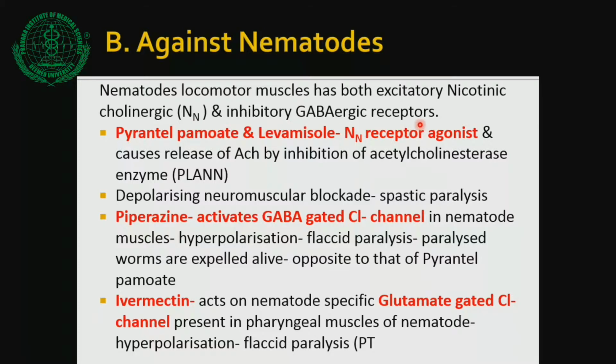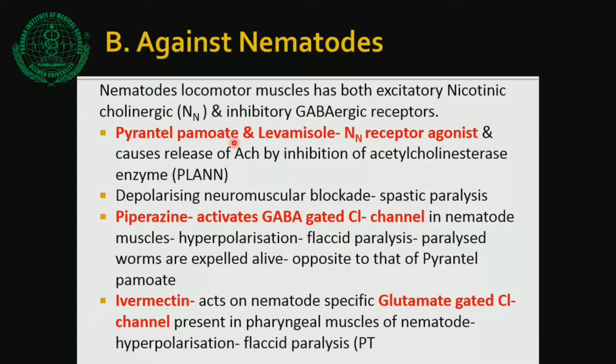Remember, in human beings, our skeletal muscles have only the nicotinic muscle receptor, NM receptor, but in nematodes, rather than NM, there is an NN, nicotinic neuronal receptor, and at the same time they have inhibitory GABAergic receptors also. Now there are certain drugs which can stimulate the nicotinic cholinergic receptor and certain drugs which stimulate the inhibitory GABAergic receptor. We will see them.